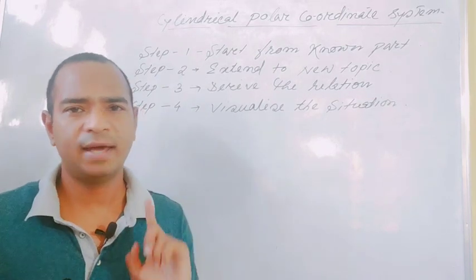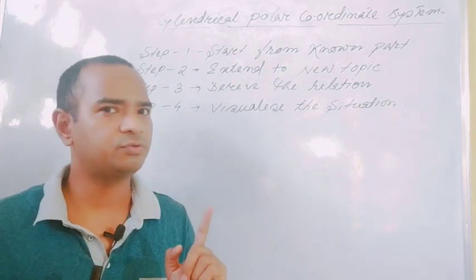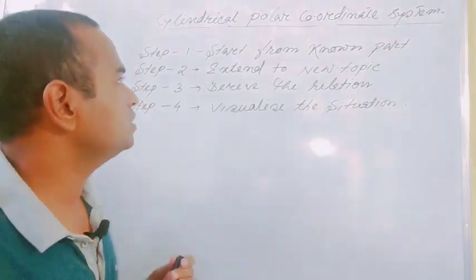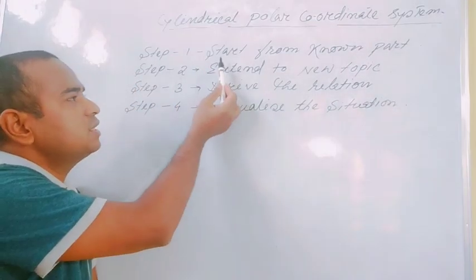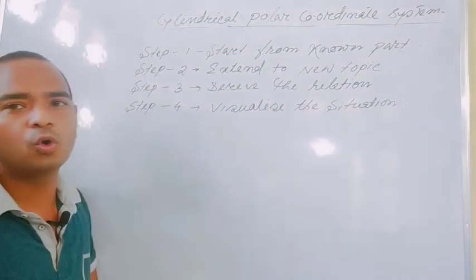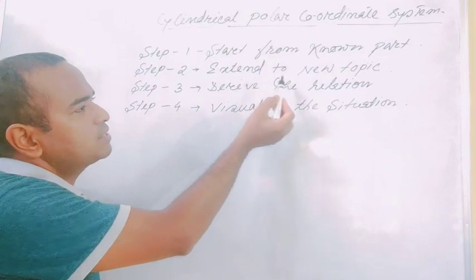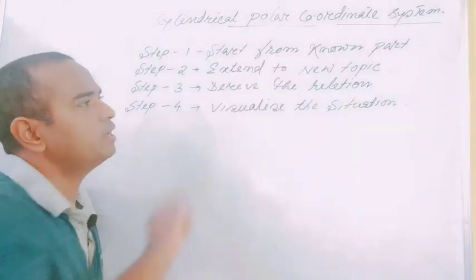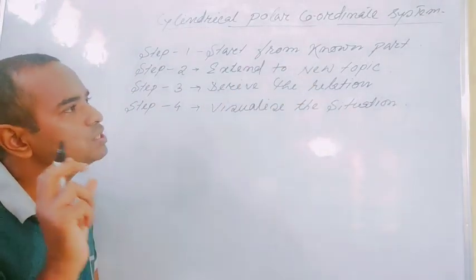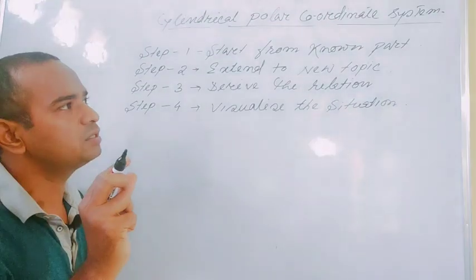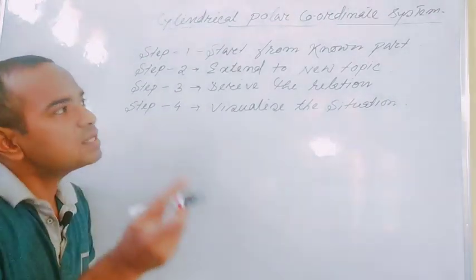As I told you, you have to start from known knowledge first. Your first point is that you have to start from your known part. Then you have to extend to a new topic. But mind it, you should know the relevance of that known part to this unknown part.